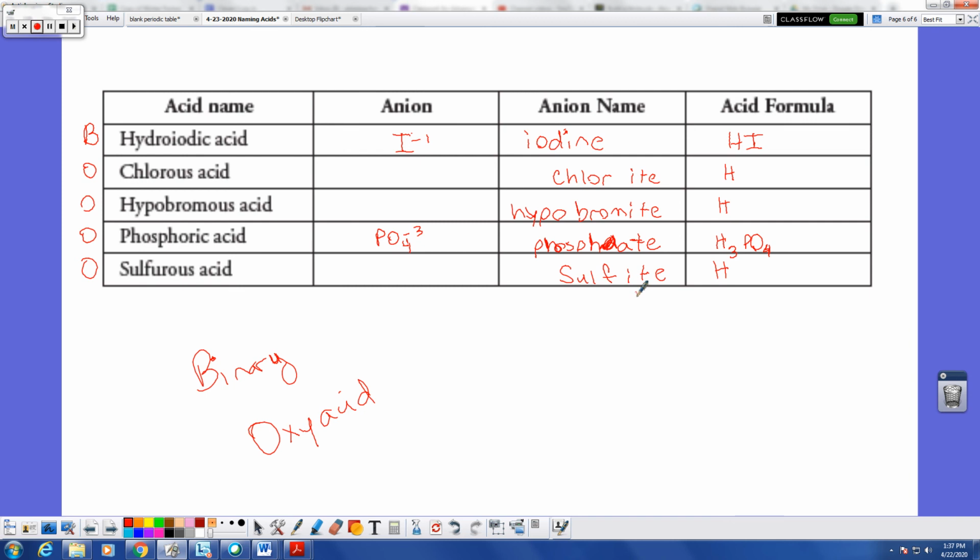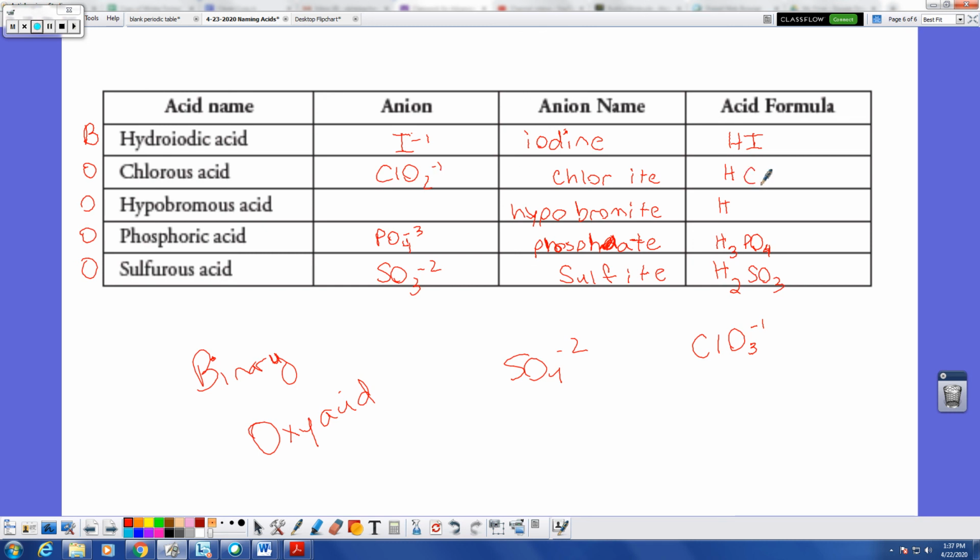Sulfite. Now, we're supposed to be learning sulfate, which is SO4 minus 2. So if that's sulfate, sulfite would have one less oxygen, SO3 minus 2. So this would be H2SO3. Chlorous acid. Chlorate is ClO3, so chlorite would be ClO2.